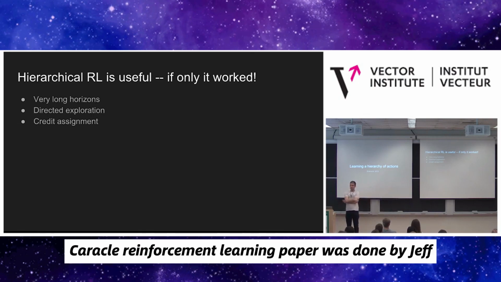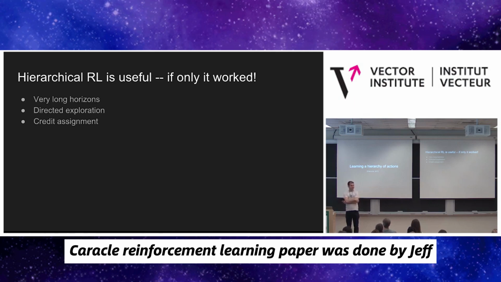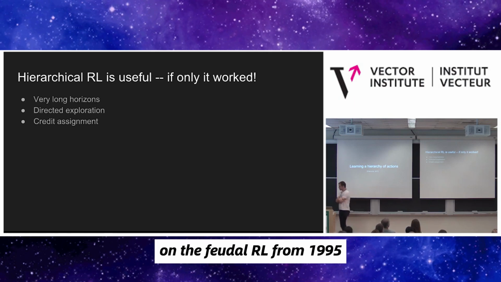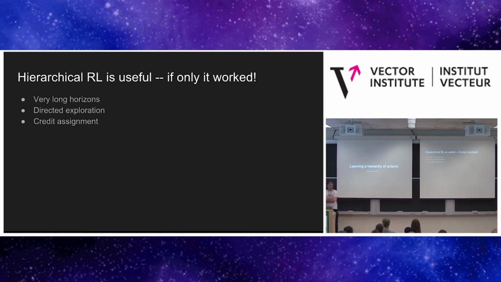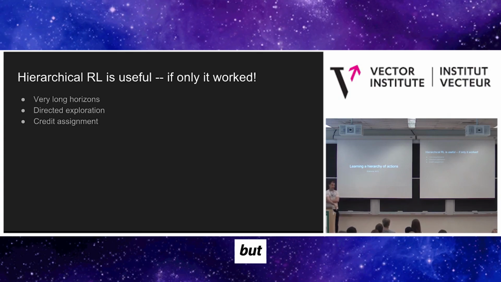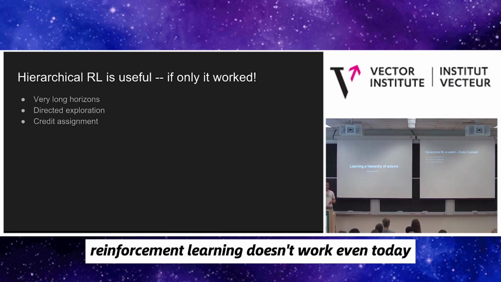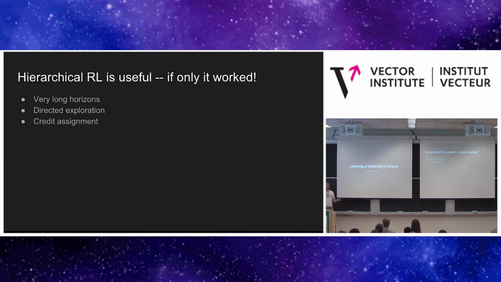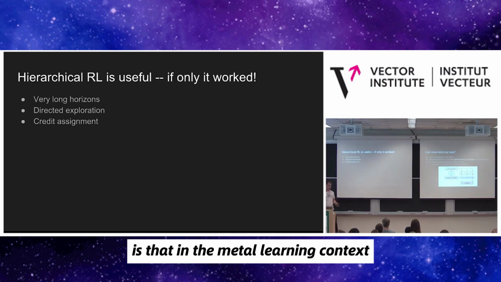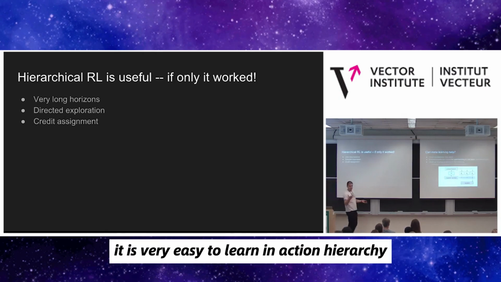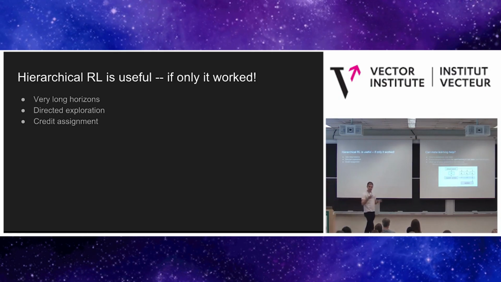I think the first hierarchical reinforcement learning paper was by Jeff on feudal RL from 1995. But hierarchical reinforcement learning doesn't work even today. But what I want to show is that in the meta-learning context, it is very easy to learn an action hierarchy.